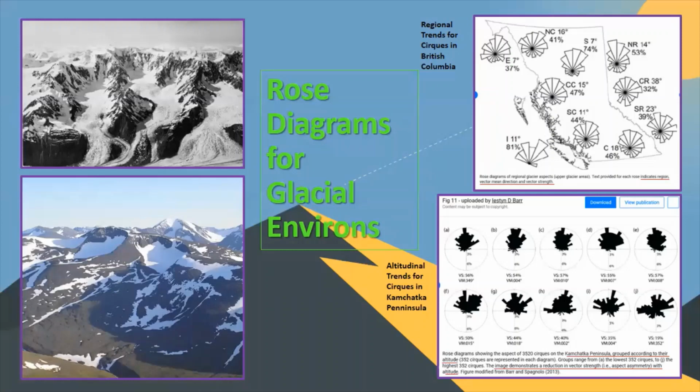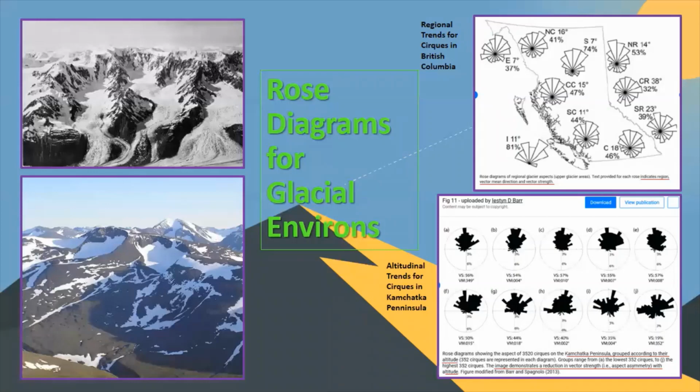I think they looked at 3,520 cirques for orientation. So that's a lot of measuring. And then they divided up 3,000 and some cirques, 3,500 cirques, we'll say, into equal numbers, and they clumped them by data direction and so forth.